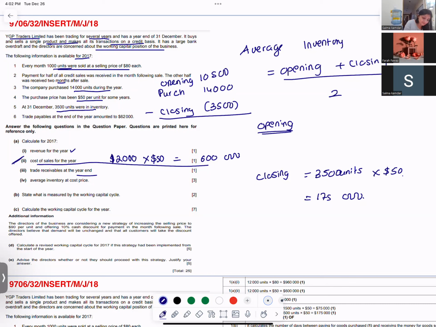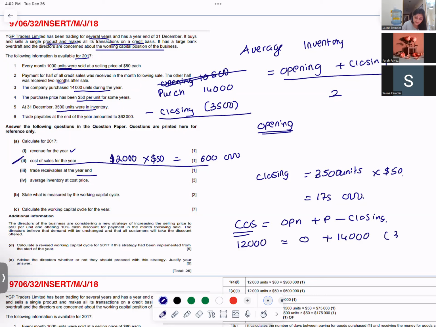No, the cost of sales is 12,000. So cost of sales is opening plus purchases minus closing. What is the cost of sales? The units sold, you said 12,000. Opening, I don't know. Purchases is 14,000 and closing is 3,500.